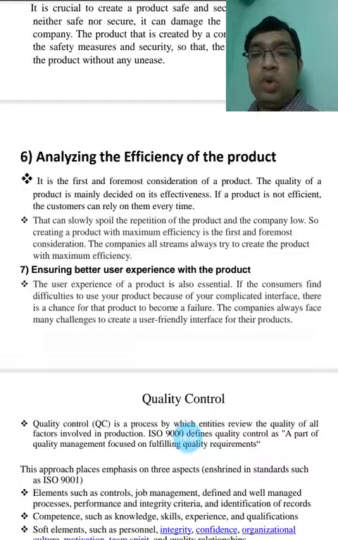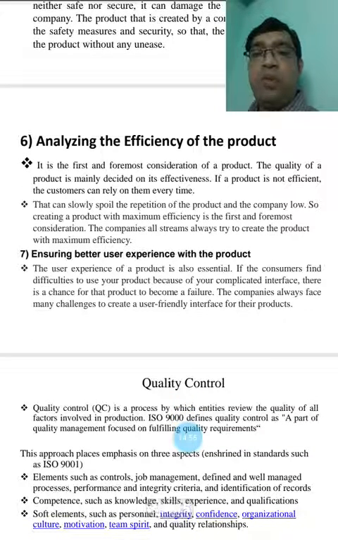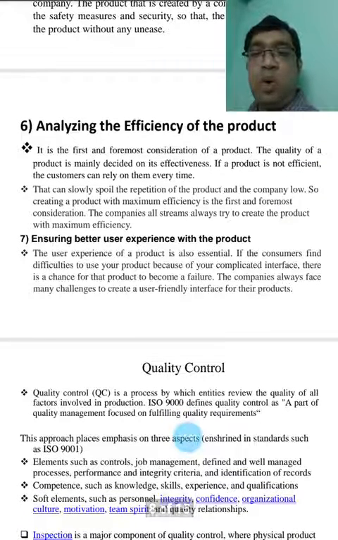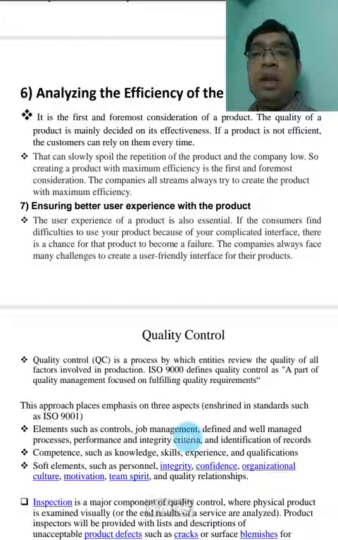So creating a product with maximum efficiency is the first and foremost consideration. Companies in all streams always try to create products with maximum efficiency, ensuring a better user experience with the product.